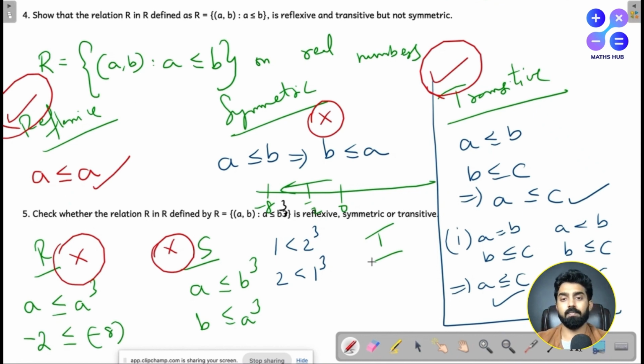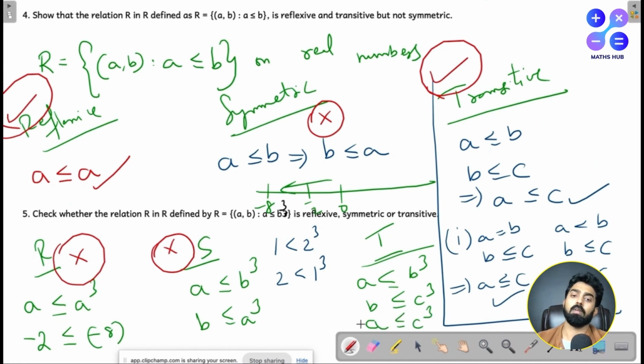If a is less than or equal to b cube and b is less than or equal to c cube, does that mean a is less than or equal to c cube? Does that hold true? Right. So if you take, for example, minus 1 is less than or equal to, let's say, 2 cube, and let's say 2 is less than or equal to 3 cube, you will have minus 1 less than or equal to 3 cube.